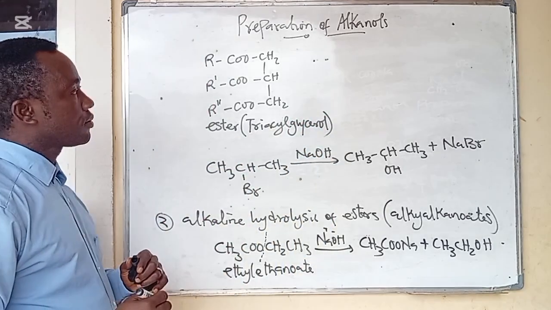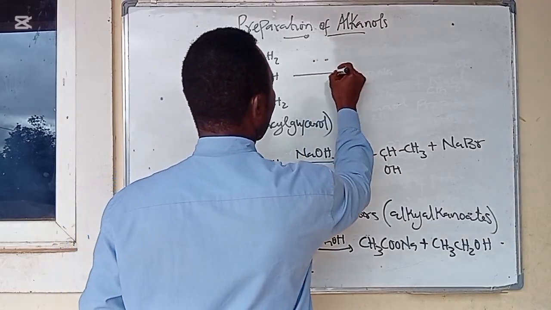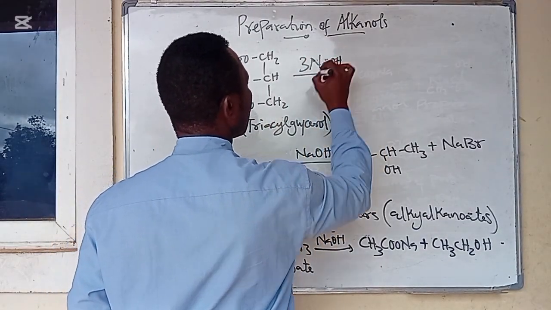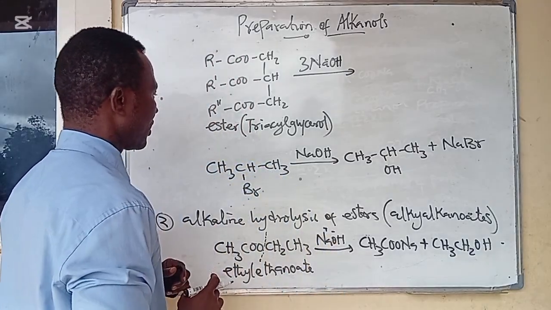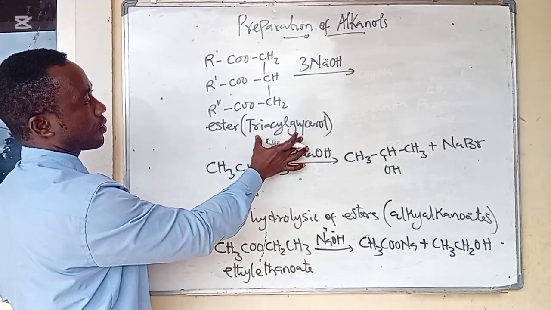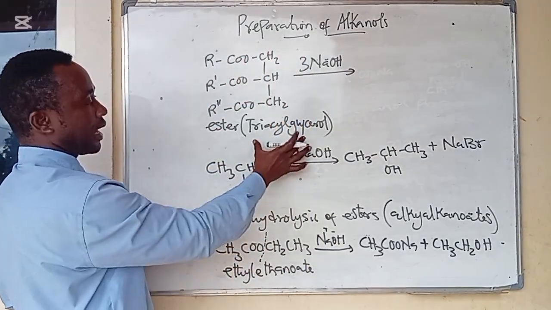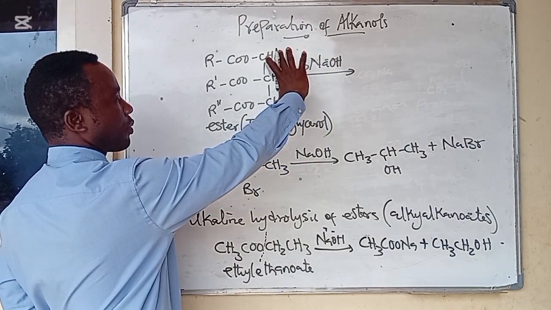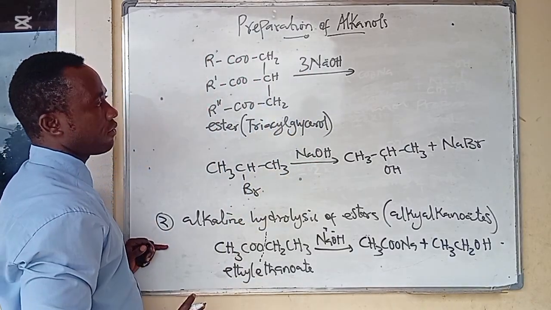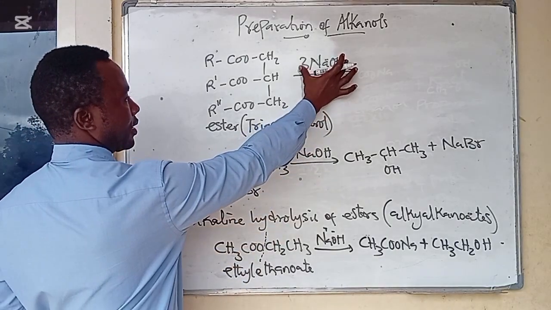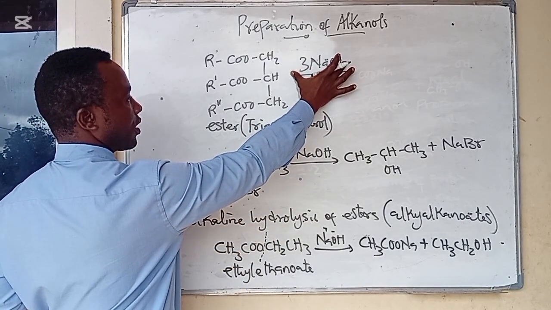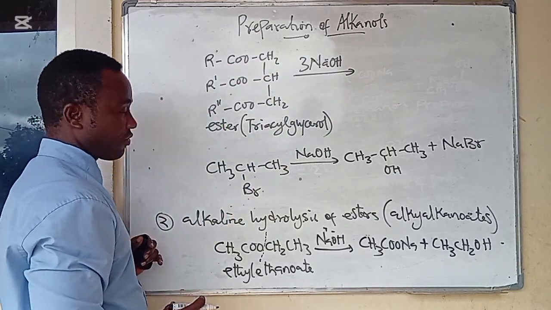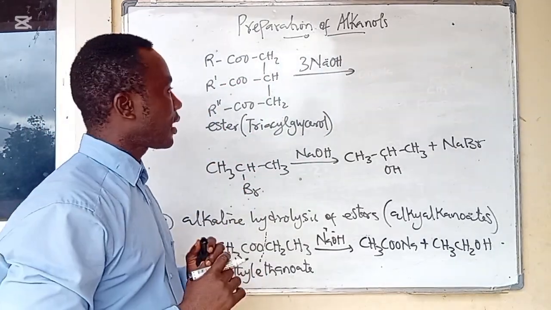When you react triacylglycerol with 3 molecules of sodium hydroxide, remember, triacylglycerol is made up of an esterification of glycerol, which is propane-1,2,3-triol, and 3 fatty acids. So you need 3 molecules of the base to fully hydrolyze the 3 fatty acids in this triacylglycerol.